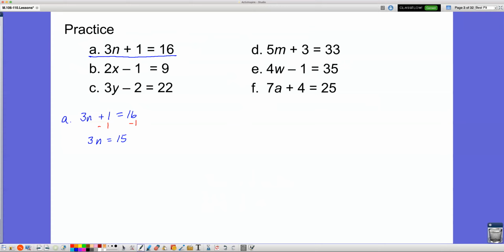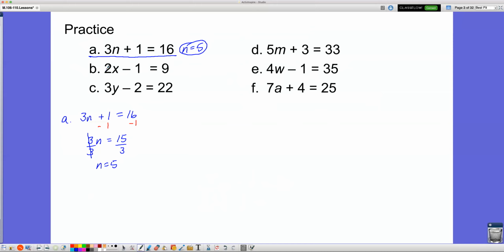But now I need to divide that piece. I'm going to divide this by 3, and then divide this side by 3. So n by itself, because 1 times n equals 15 divided by 3, means n should equal 5. So my answer here is n equals 5.